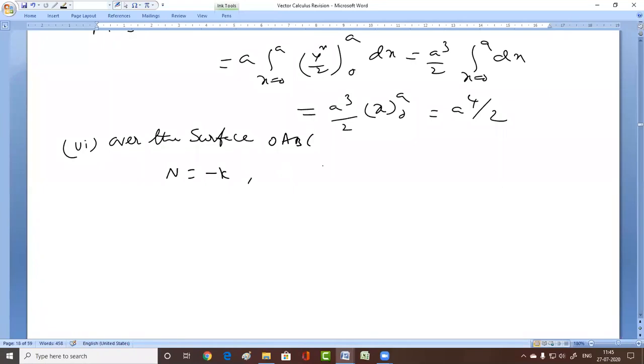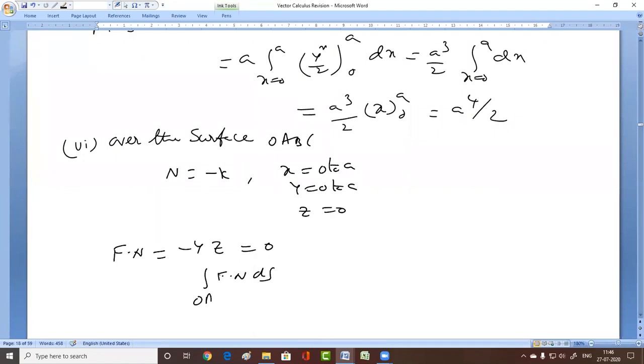X is already known, 0 to a. Y is 0 to a. Z equals 0. F dot n equals minus yz. Already z is 0. The integral of f dot n ds over the surface OABC equals 0.